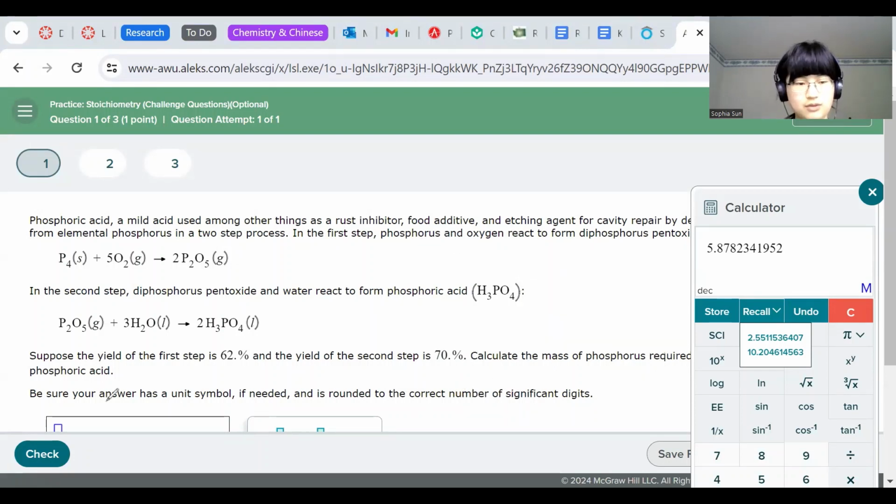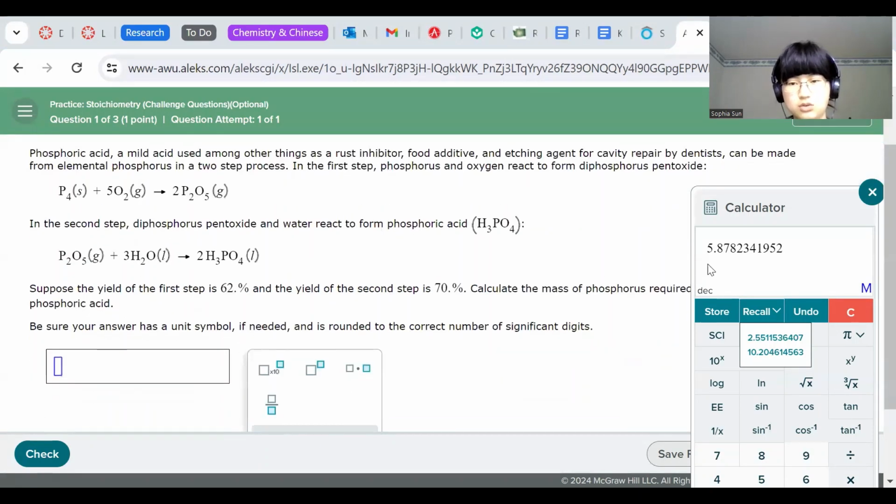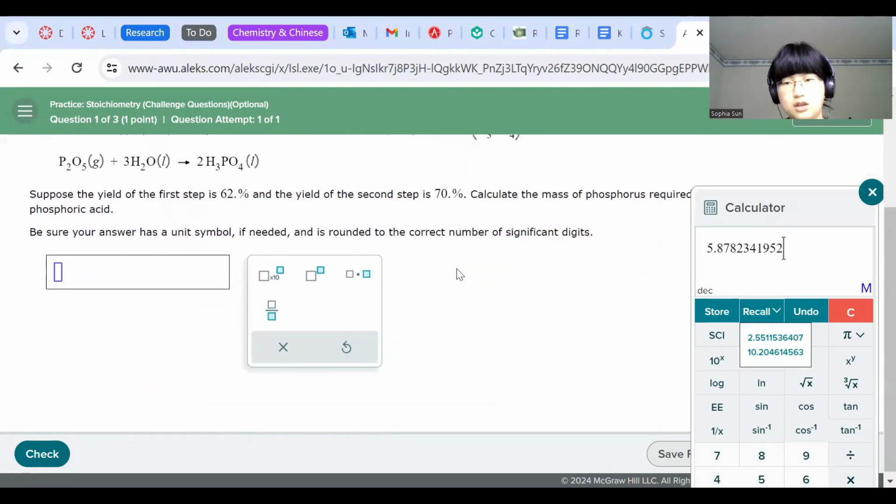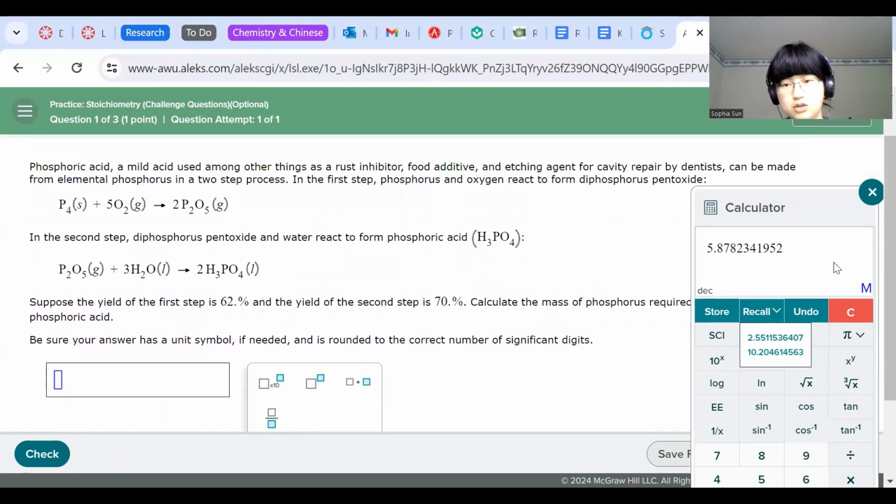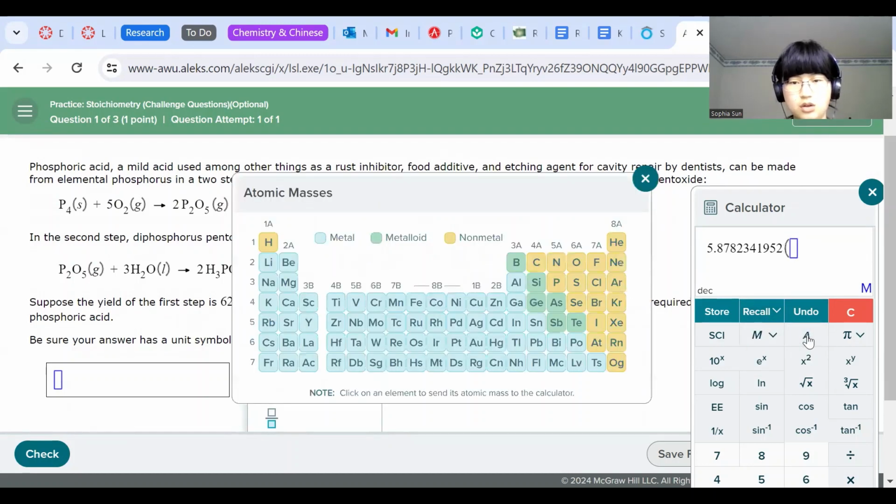So now that we have this final value, we just need to turn this into the actual mass of it instead of just the amount, which is moles. So we just do a simple multiplication with the molar mass of phosphorus.